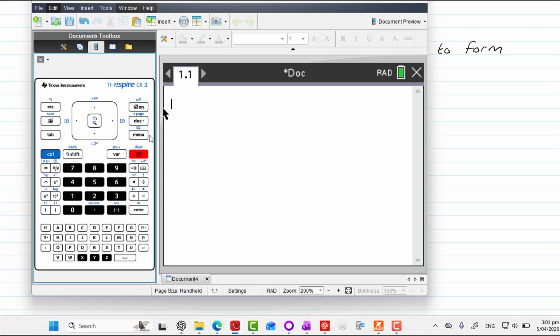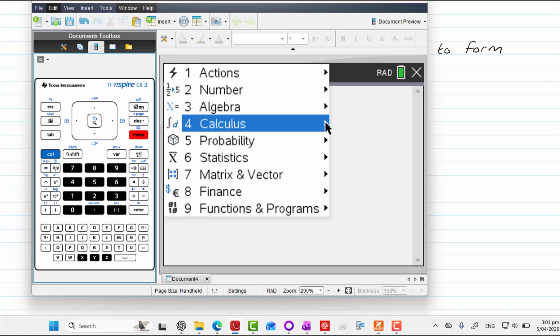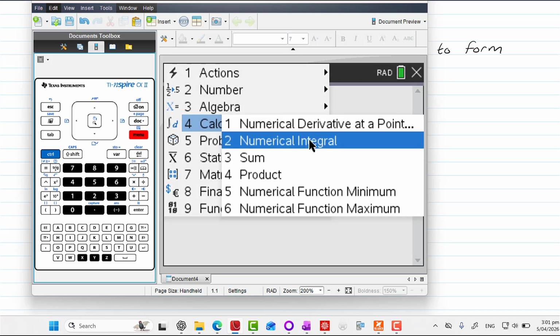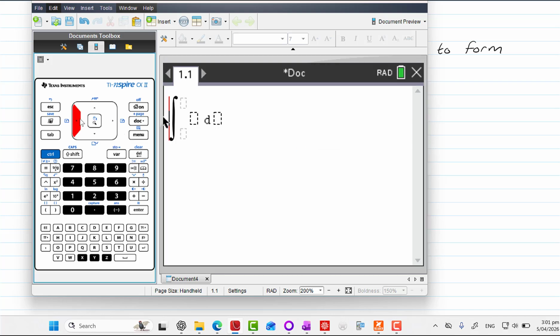Get that up. Then we just go menu, calculus, and we're going to find the numerical integral and times the whole thing by pi. And then we integrate from 0 to 4. I'll use brackets here because we're going to square this whole thing.